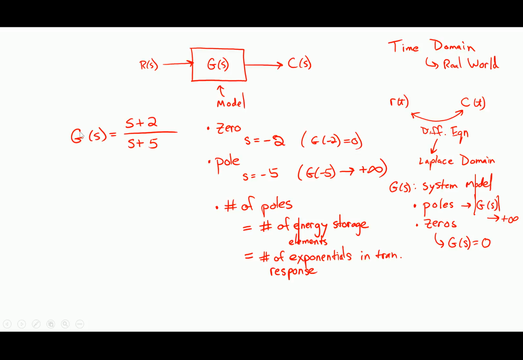All right, so if I have this G of S equal to S plus 2 over S plus 5, let's say, what I want to do is look at the step response of this system. So let's say I've got, draw that picture again. This time I'll just write it in there, S plus 2 over S plus 5.